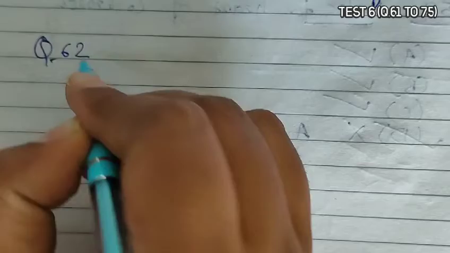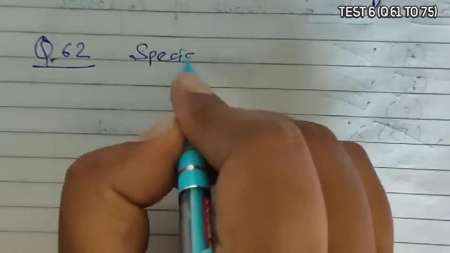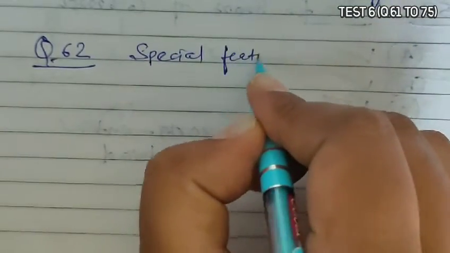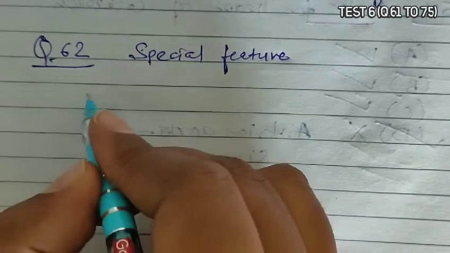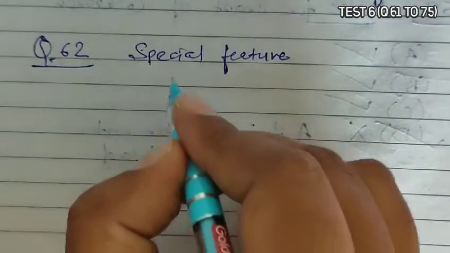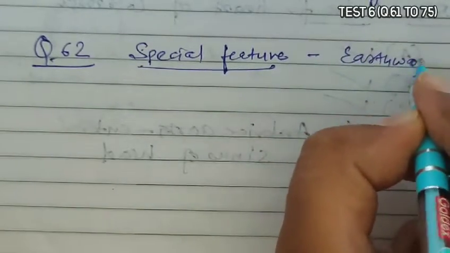Next is question 62. It asks about a very special feature of earthworm, that is Pheretima.